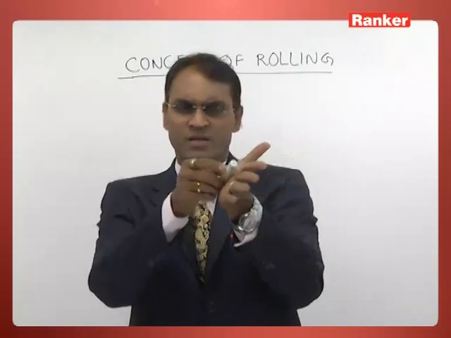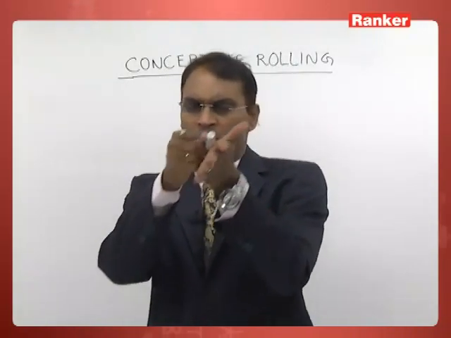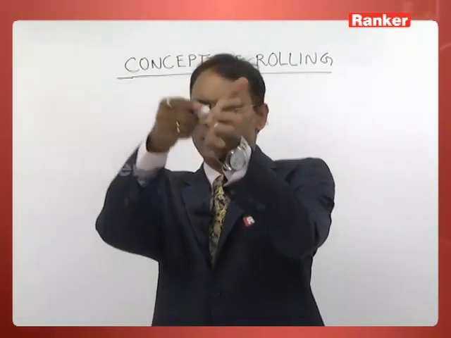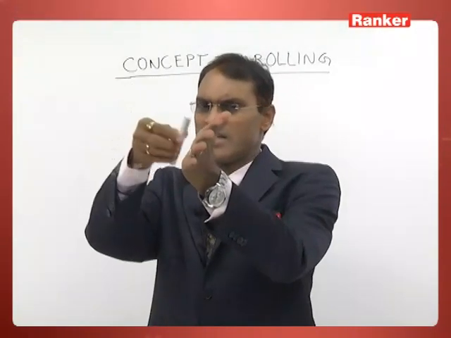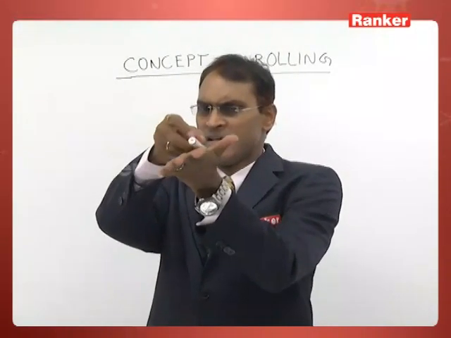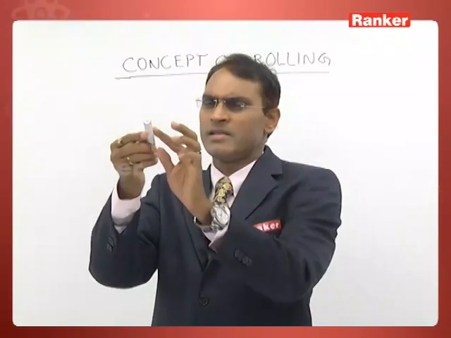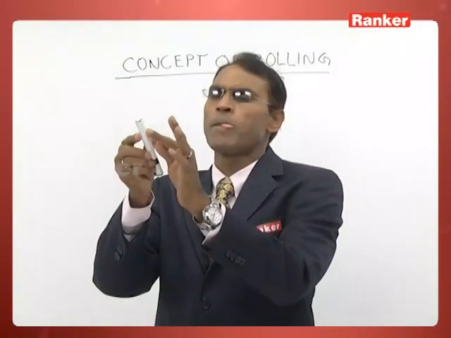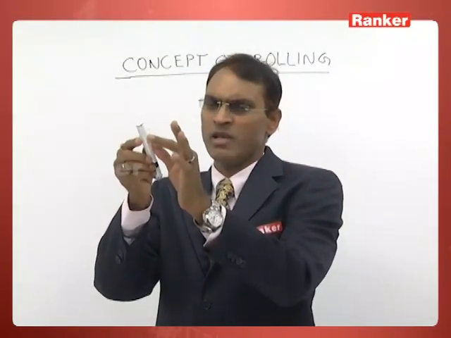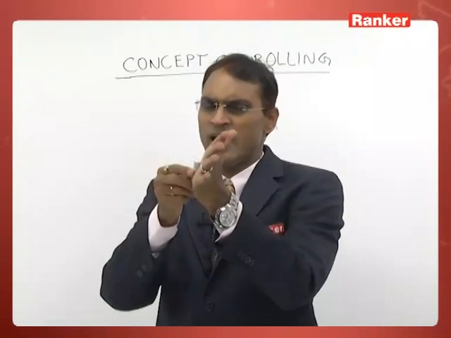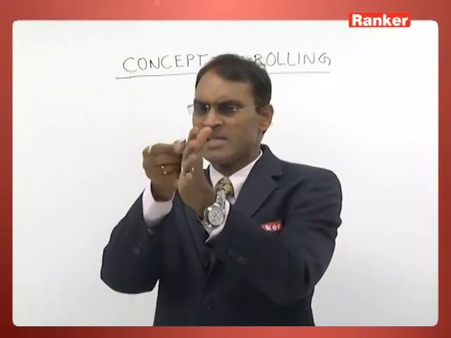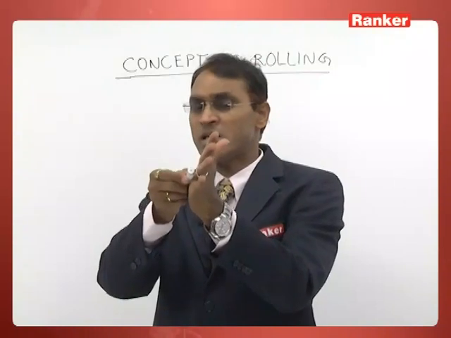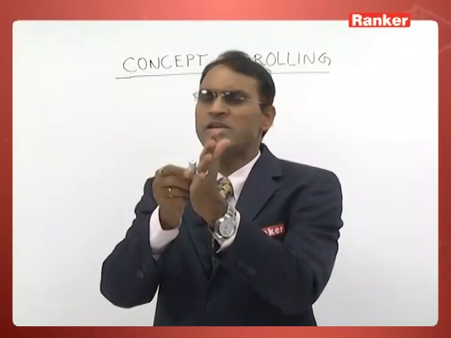This is the concept of sliding. It slides. This is the cylinder. The cylinder slides. There is a relative velocity between the lowest point of the surface and this surface. This is the case of sliding, when there is a relative velocity between the points of contact.